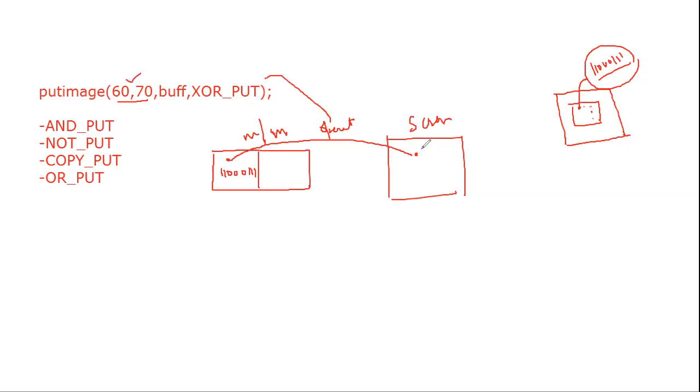So what will we use? Let's say copy put. Using copy put, this pixel will be copied over here.